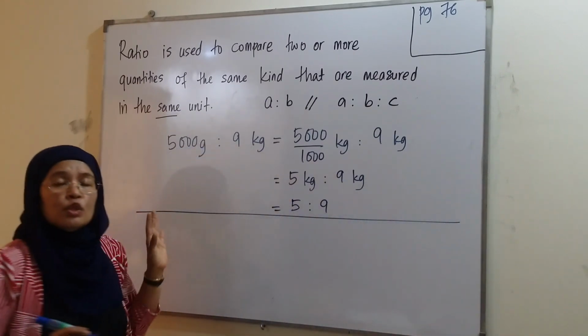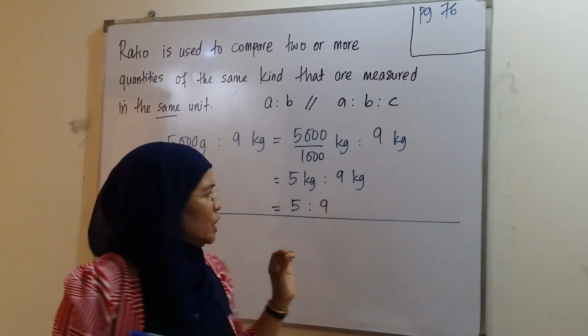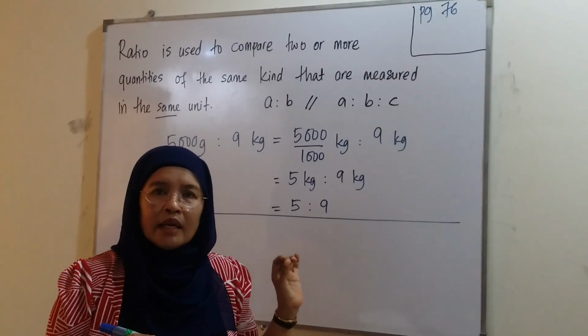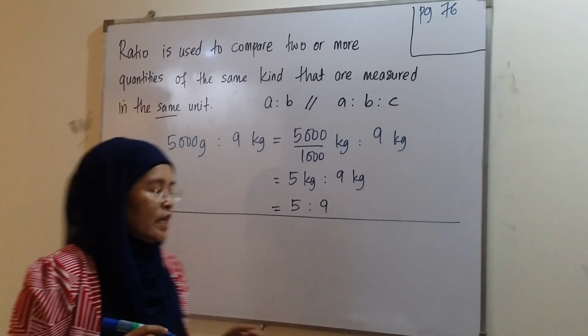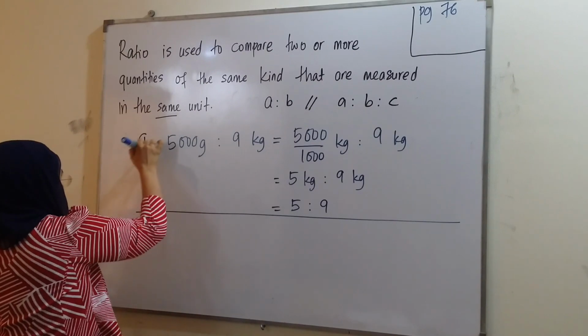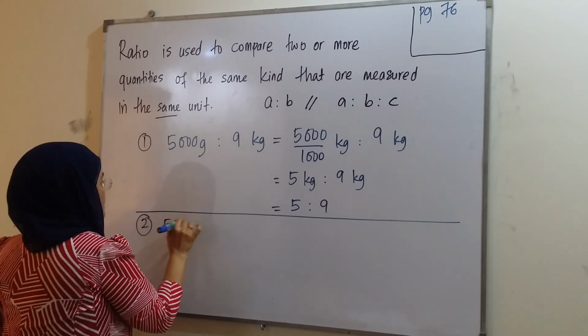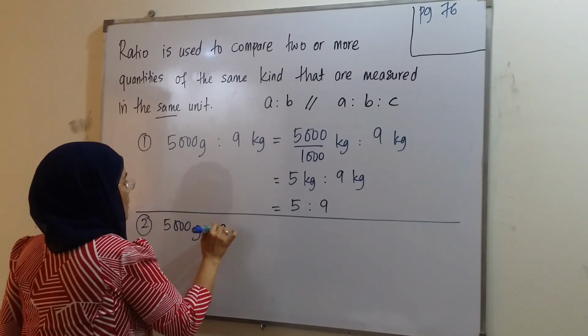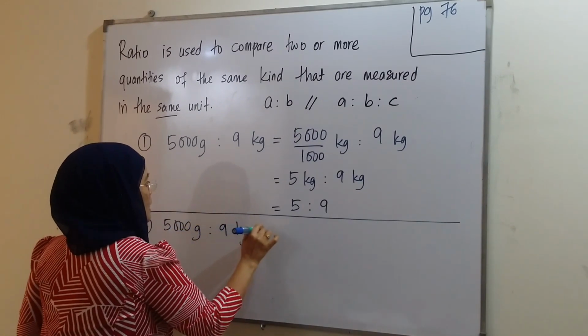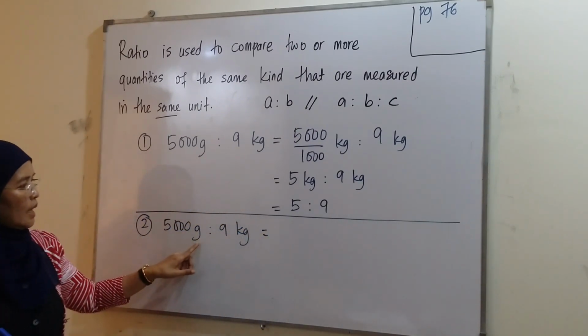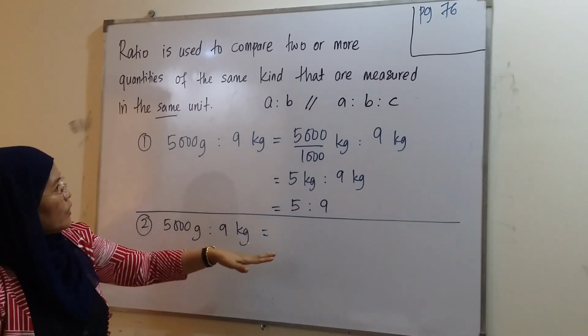Let's say the student doesn't want to change to kg. They prefer to change to gram. No problem. Now the second method: 5,000 gram ratio 9 kg equals, this time we want to change both to gram.